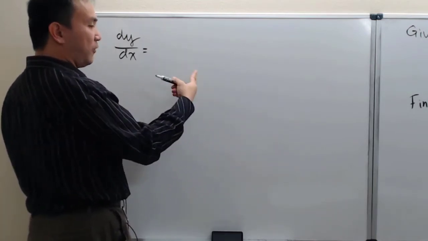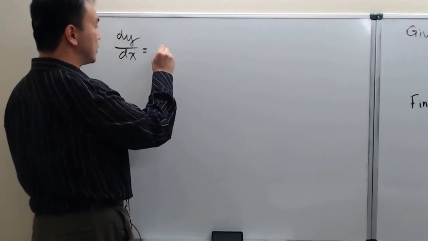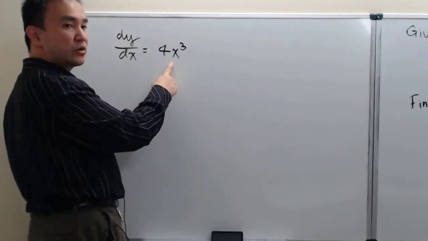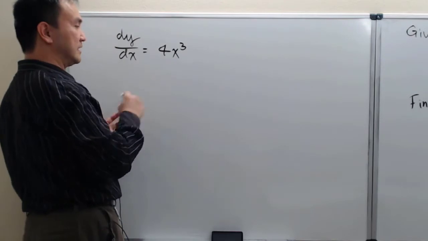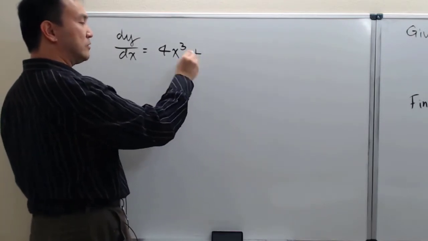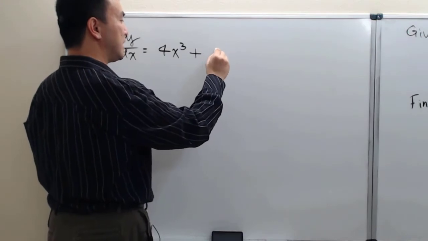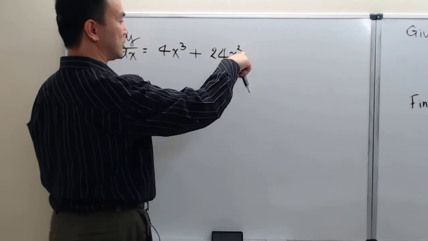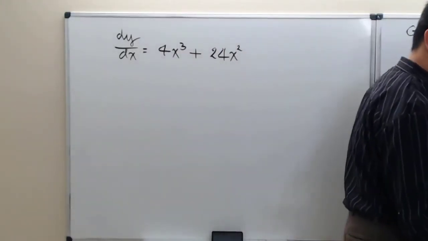The x to the fourth from the previous step is going to give me 4x cubed as the derivative. Now I'm going to add according to the sum rule, and my middle term becomes 24x squared, because what I did here was multiply by the initial power, the beginning power.